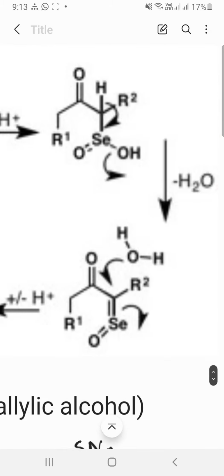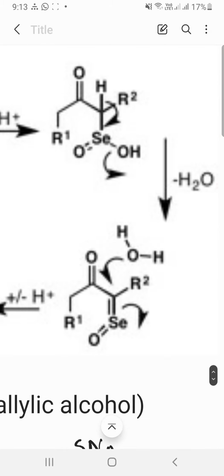It adds like what CrO3 would do. Then H2O. Wait. First of all, before H2O, you have this elimination step over there.